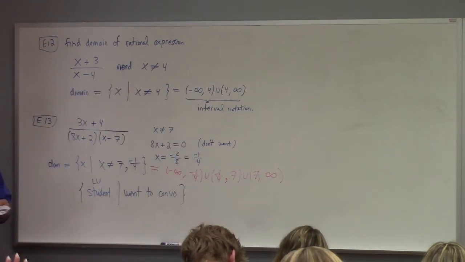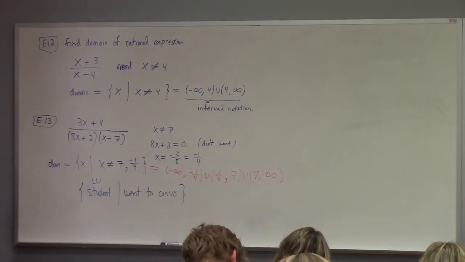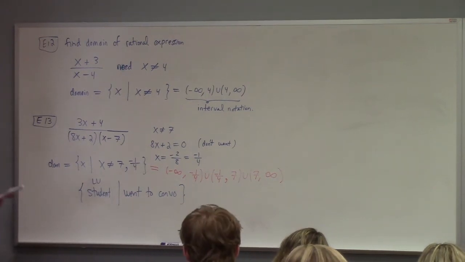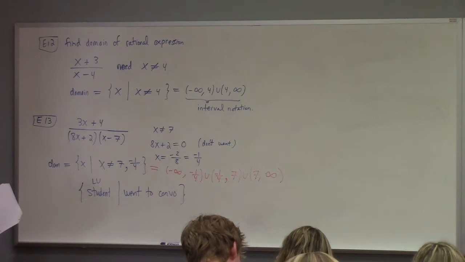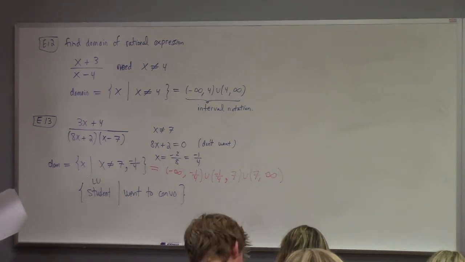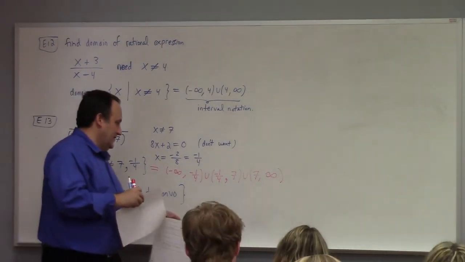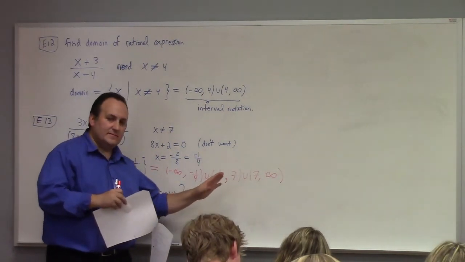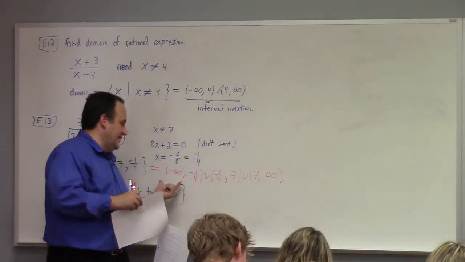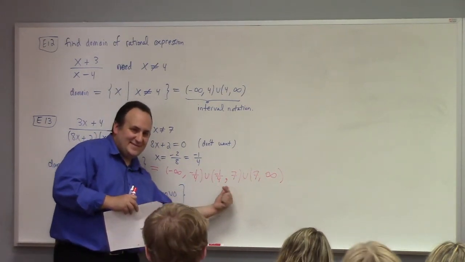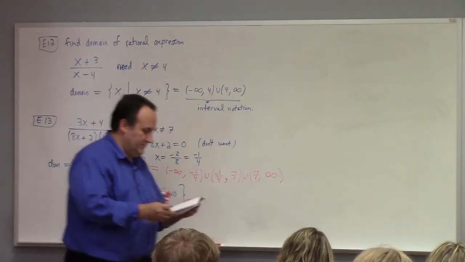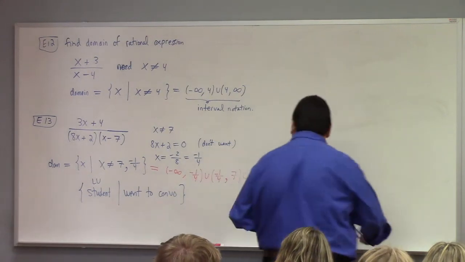When we do it in set notation, do you care if we put the minus 1/4 or 7 first? Oh, it doesn't matter. The order there doesn't matter. You could put this before that, but what you can't do is switch these numbers. That's not allowed, although that is a very popular mistake.